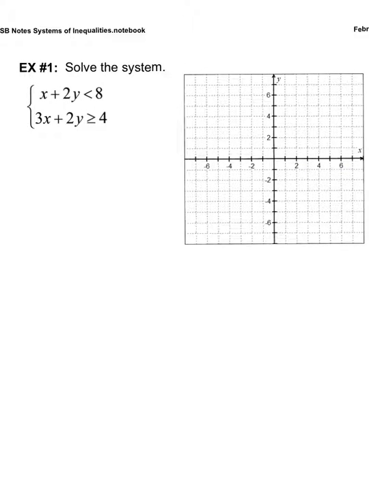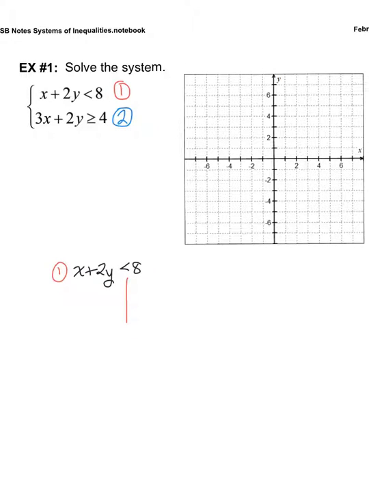So we're going to solve the system. You need to solve it for y. So I'm going to let this be equation 1 and this equation 2. So let's start with 1 down here. So I've got x plus 2y less than 8.